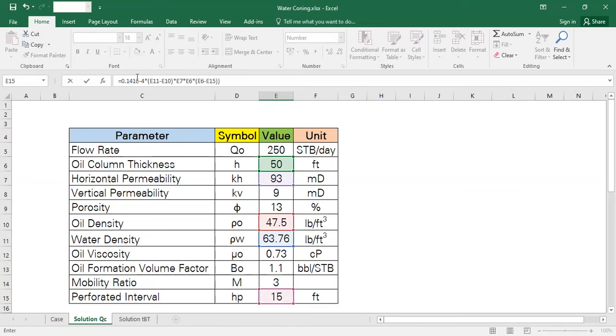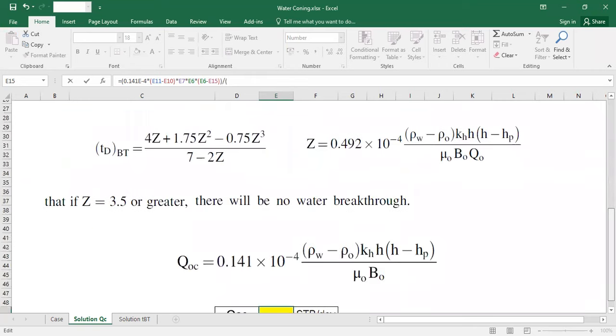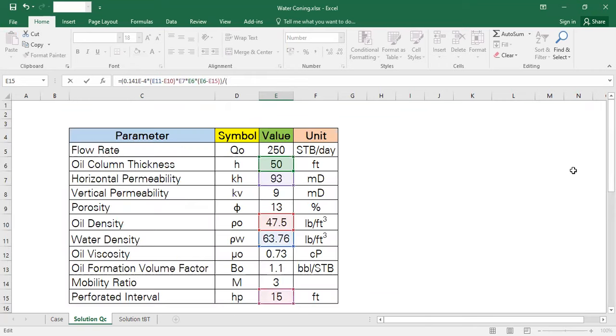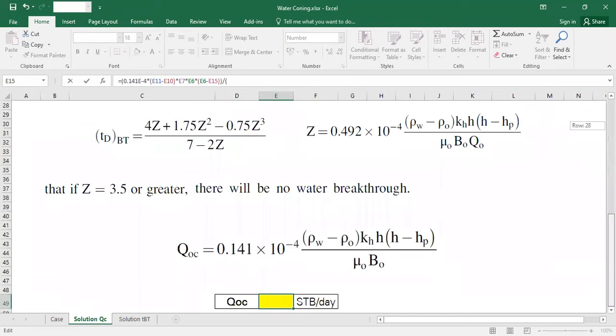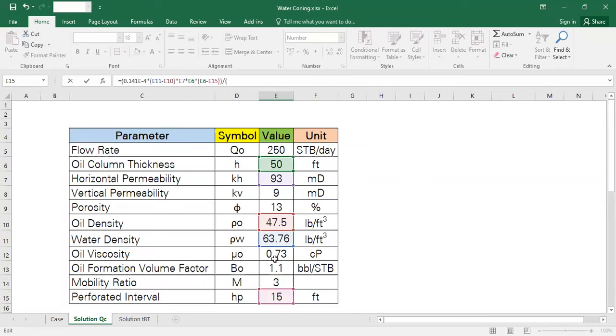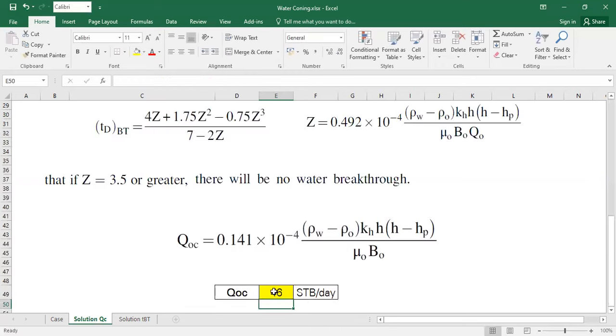Okay, I will put everything inside parentheses. That's our numerator, and then let's divide them with the denominator, which is oil viscosity multiplied by oil formation volume factor. Very easy. It's like this, and then I will close, and we have it.